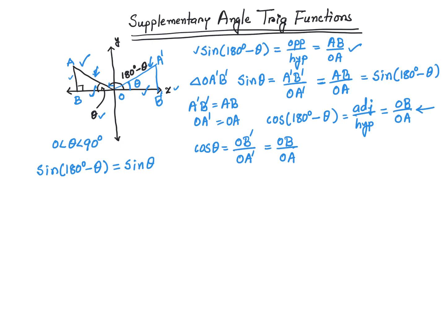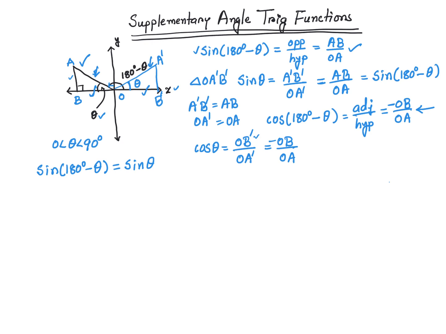Now here is something I have to pay closer attention to. OB prime is positive, however OB is negative, so that's the part you need to pay attention to. I should have put it right here too. This is negative, all right?